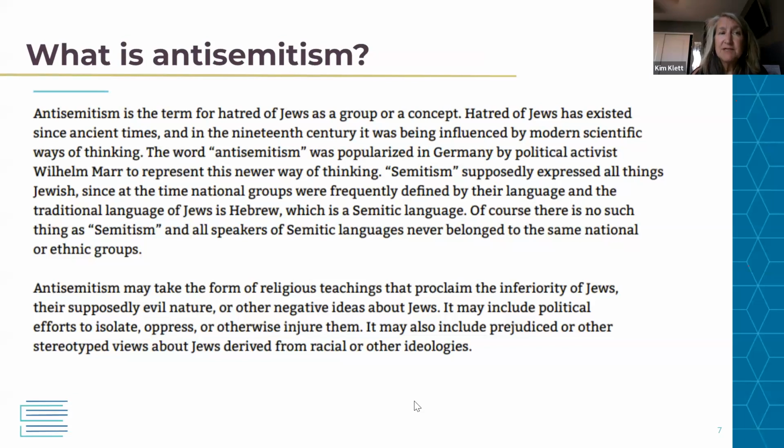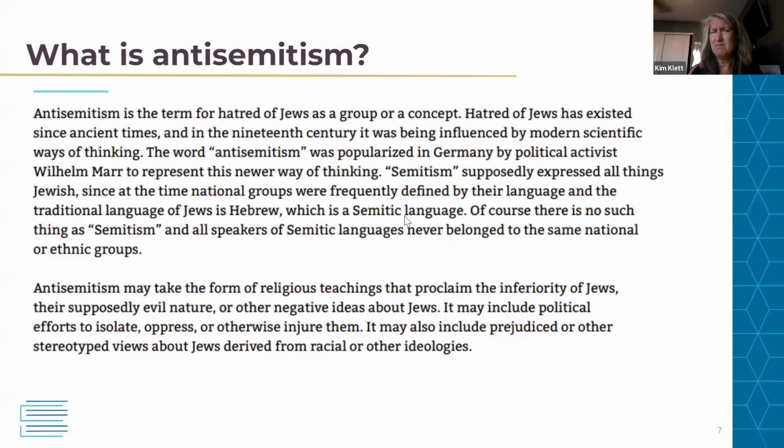So I want to take it back to the first sentence. Anti-Semitism is the term for hatred of Jews as a group or a concept. Okay, so we can understand, I think, the idea of a group of people. Today, we would see them as a religious group. We might see them as a cultural group, right? But what about this word concept?